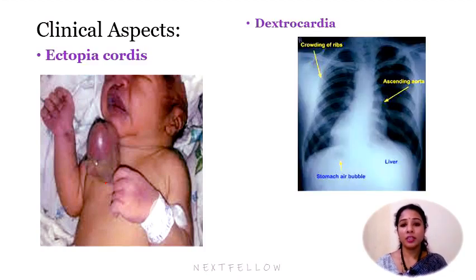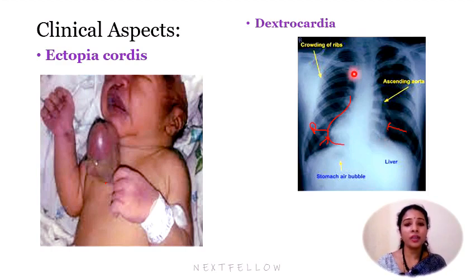Next, about dextrocardia. Usually the heart should be towards the left side, but here we can see it is directed towards the right side, which is called dextrocardia.